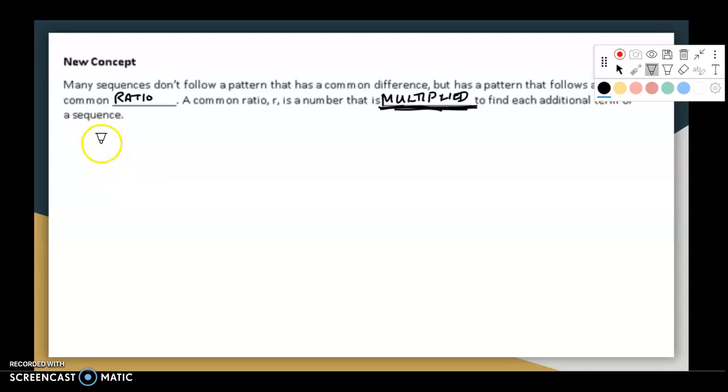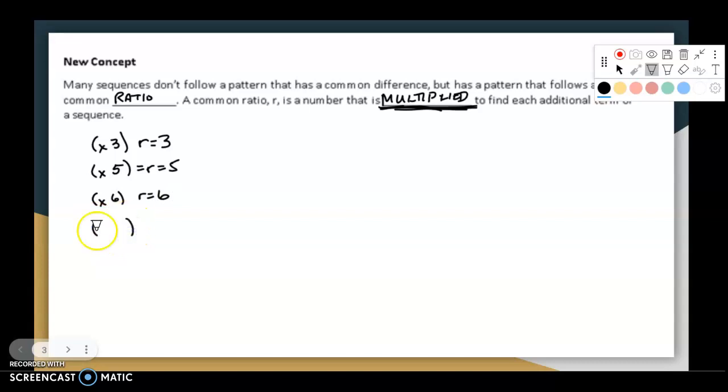So what does that mean for me? That means that if I have a sequence where I am multiplying by 3, then I know R is equal to 3. That'll be my common ratio. If I'm multiplying by 5, then R will be 5. If I'm multiplying by 6, then R will be 6.